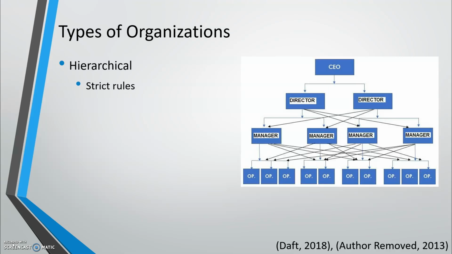Everything has to be accounted for. You will follow the rules, or you're not a good fit for that organization, which can be a challenge. Centralized decision making is one of the big things about it. Nowadays, a lot of companies are moving to the next type of organization we're going to talk about.